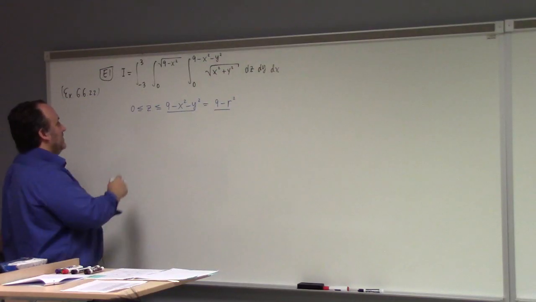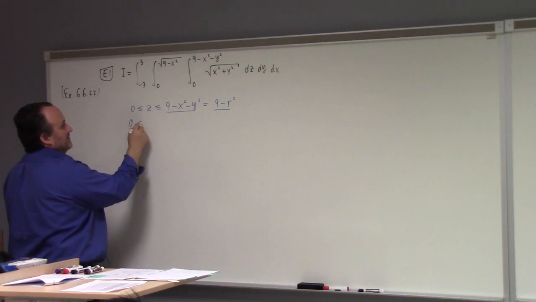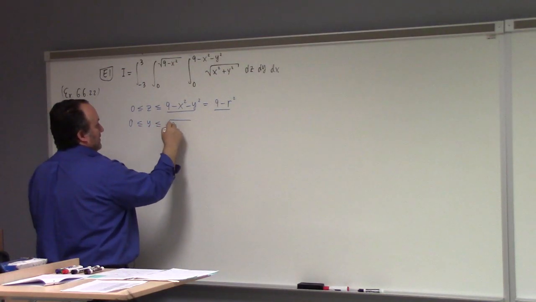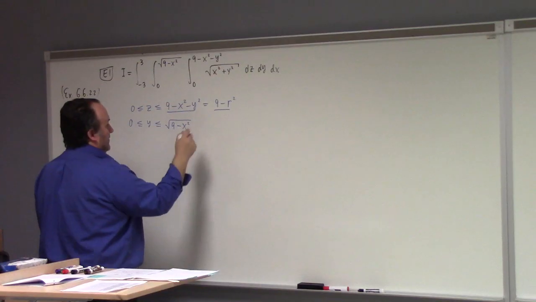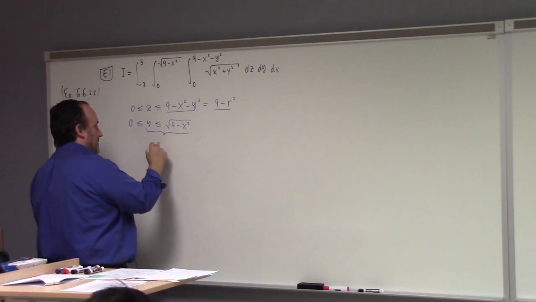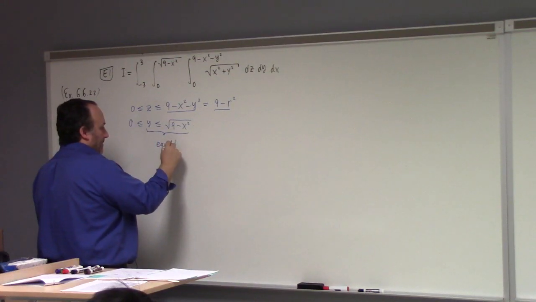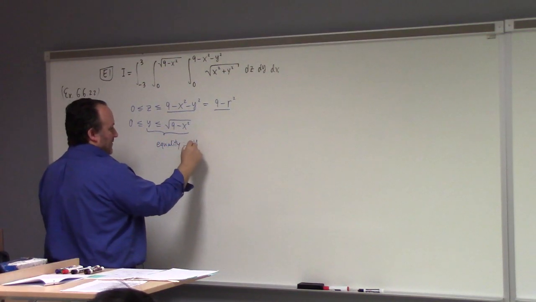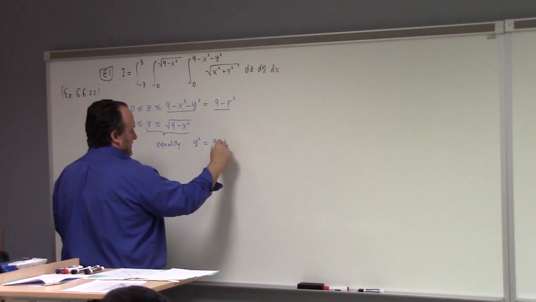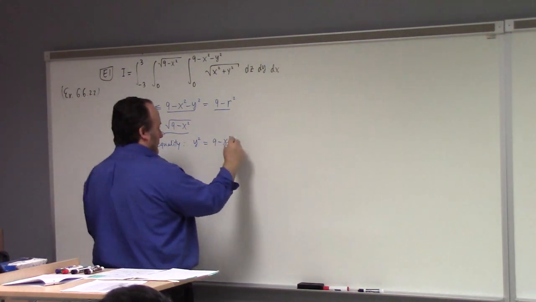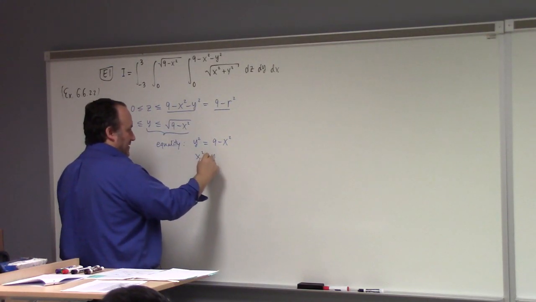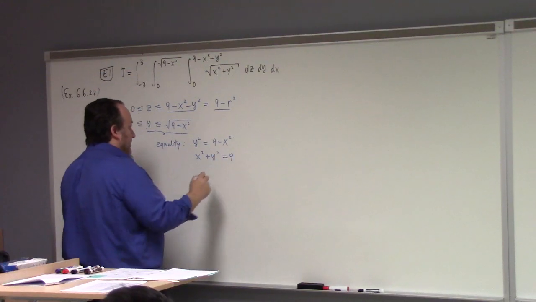Let's see here. We also have 0 less than or equal to y less than or equal to the square root of 9 minus x squared from my y bound, right? And let's look at equality here. That gives us y squared equals 9 minus x squared, which of course is actually x squared plus y squared equals 9, right?